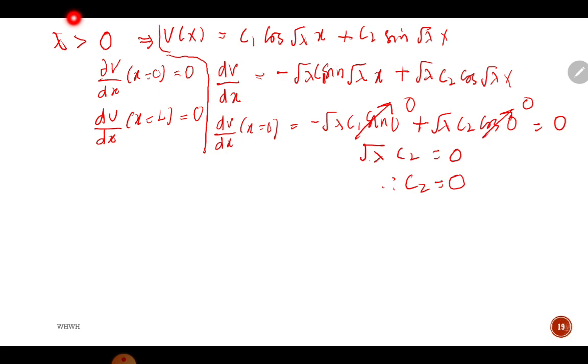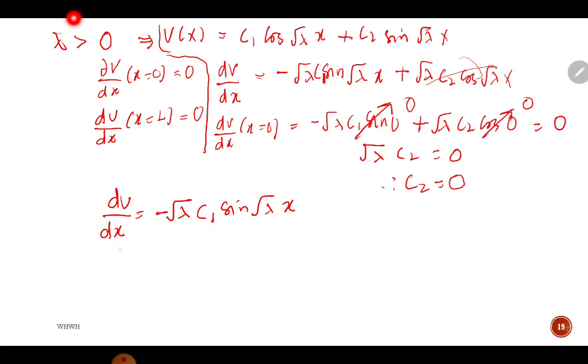So bila kita tahu C2 equals to 0, maknanya sekarang ni dv over dx kita tinggal negative square root lambda C1 sin square root lambda x. Yang ni dah jadi kosong. The second part turned out to be 0 sebab when we check for dv dx at x equals to 0, our C2 is equals to 0.